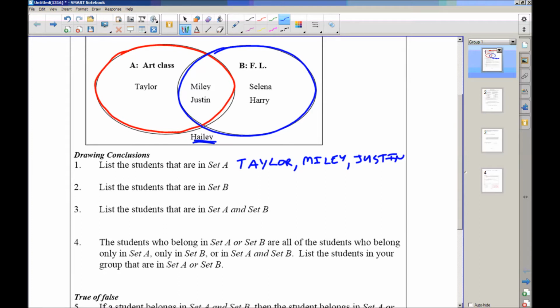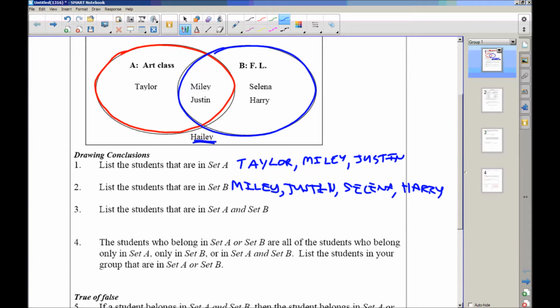And then it says list all the students that are in set B. Set B are the foreign language students. They're inside the blue circle here. So this is Miley. This is Justin. This is Selena. And this is Harry.